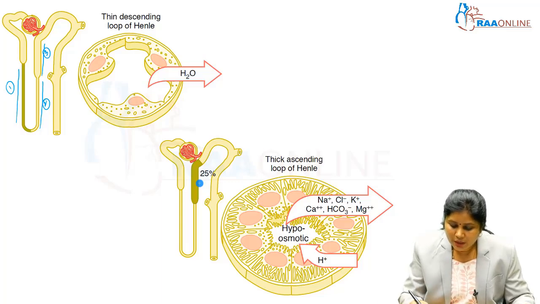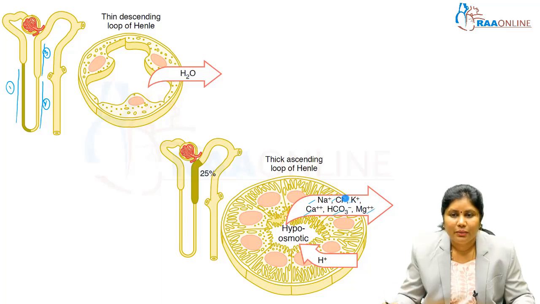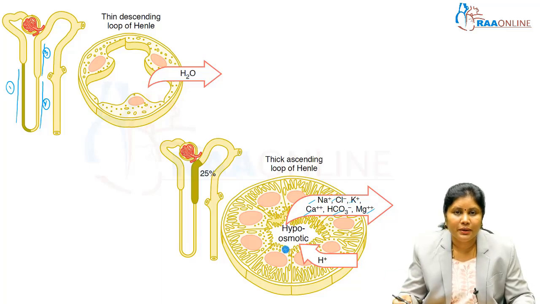Okay, so what happens here is all the important solutes like sodium, chloride, potassium, calcium, magnesium and bicarbonate, they are getting reabsorbed actively in the thick ascending loop of Henle. Okay, but water is not reabsorbed, it is impermeable.